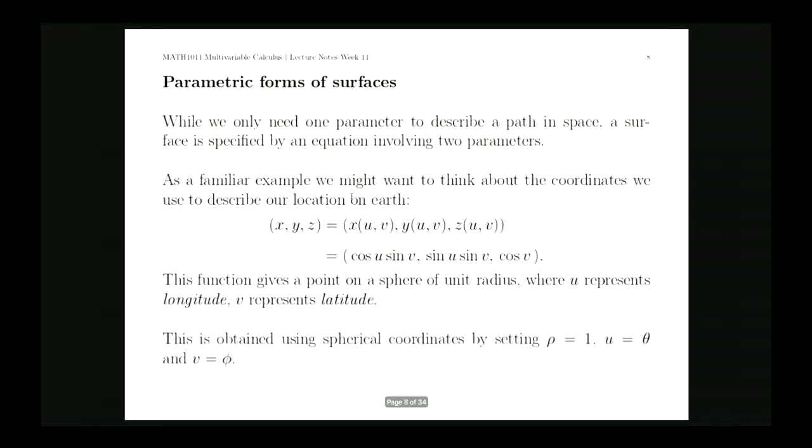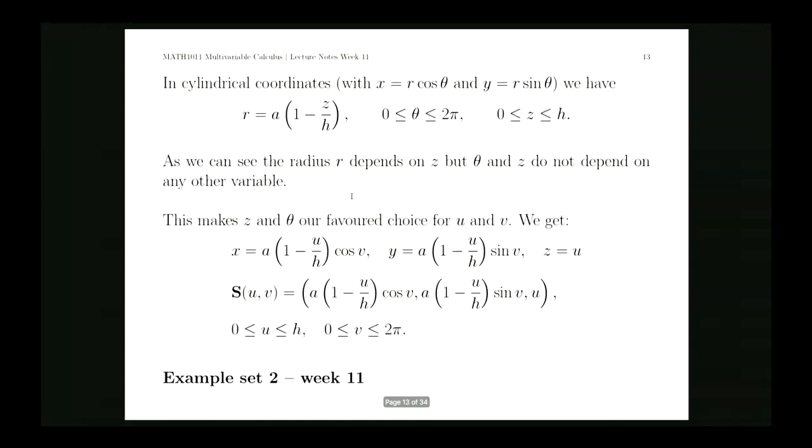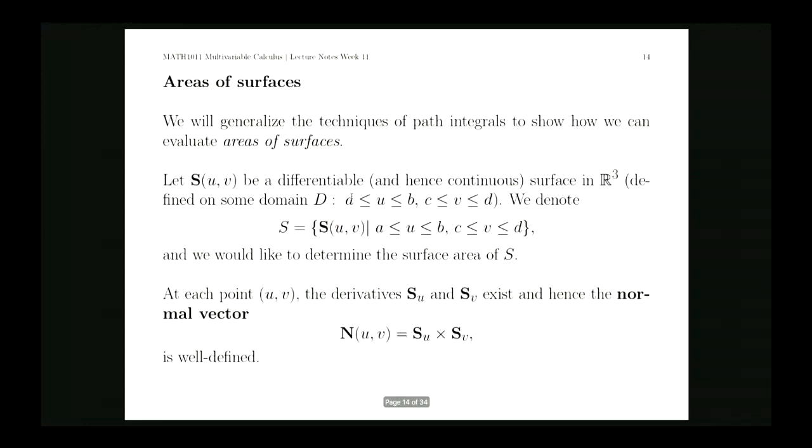I'm going to do an example like that with a surface. Going through the parameterisation of a surface, we can now calculate the area of any surface that sits above any region in the xy plane.